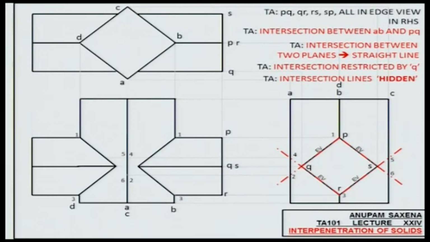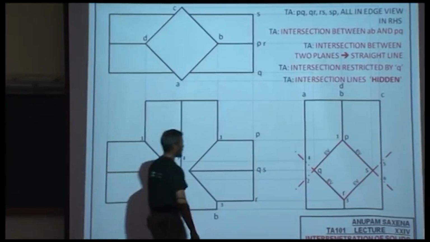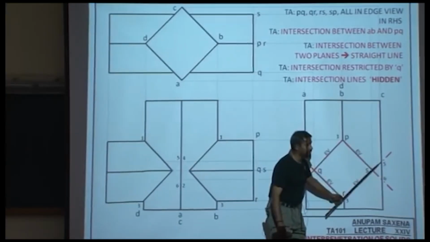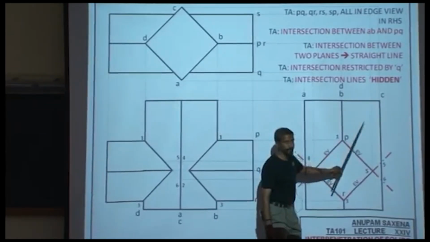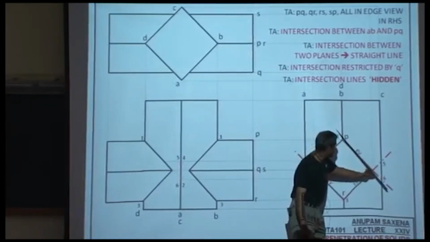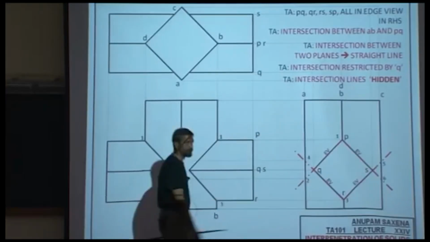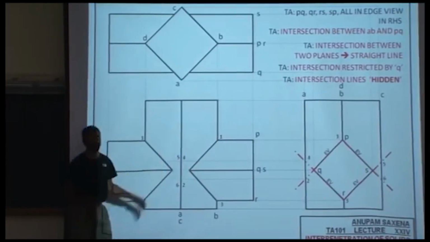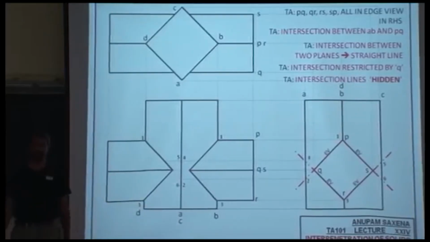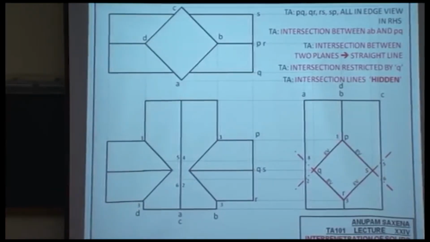Now notice that the intersection between plane RS and the back side of the vertical prism is hidden, and so is the intersection line between PS and the back side of the prism, and they are hidden precisely behind these lines, and that's the reason why they are not visible. So that's something that you'll have to keep in mind.